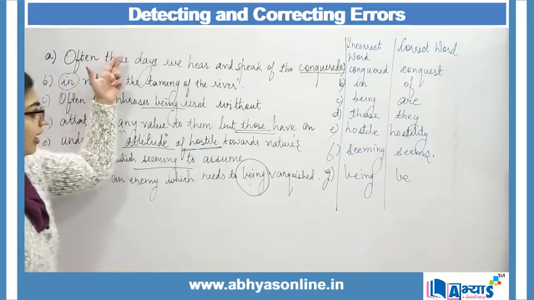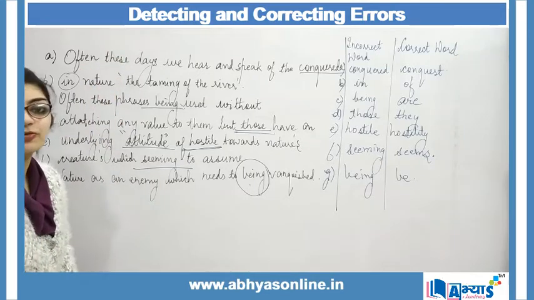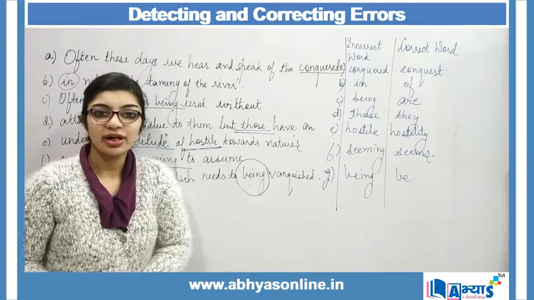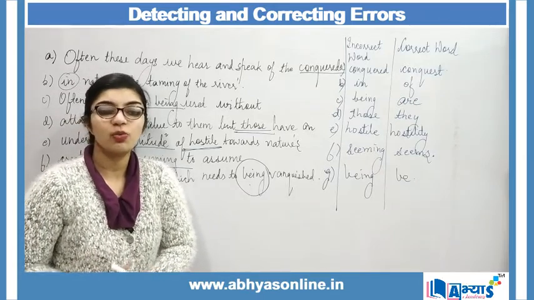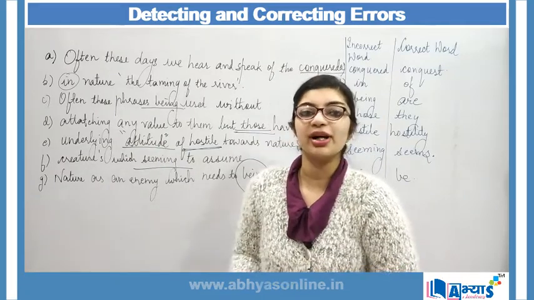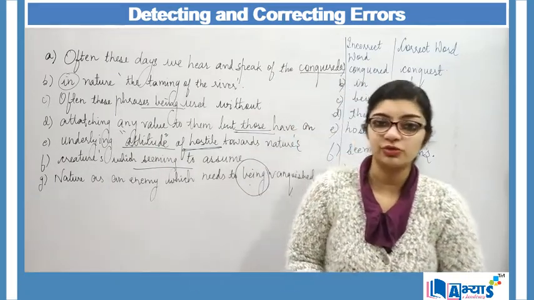There were errors in each line. We have to figure out which word is considered as an error, and against that error what will be the word that we will be using, so that we form a correct sentence and a meaningful one.